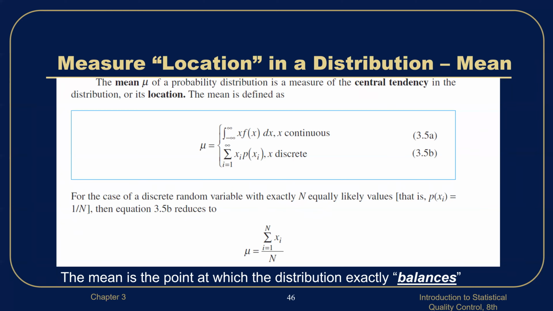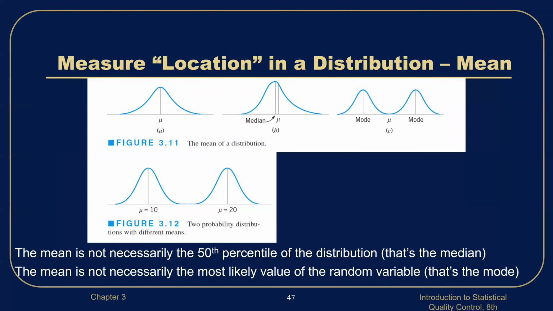For discrete distribution, the mean is summing up the variable multiplied by the PDF for all values, all outcomes of the variable. However, the mean may not equal the median or the mode for some distributions other than normal distribution. For example, when the distribution is skewed or has multiple modes.